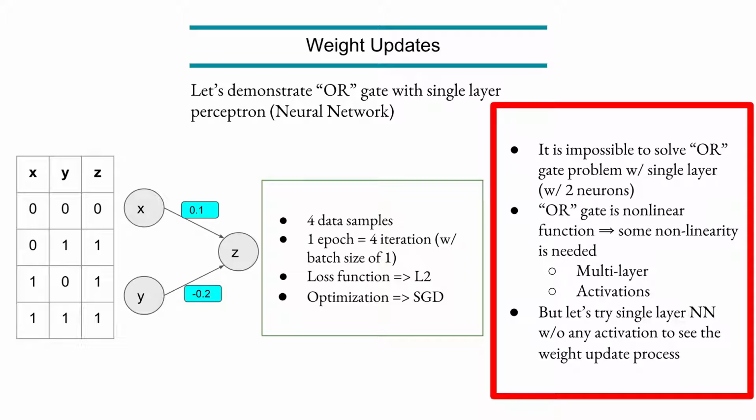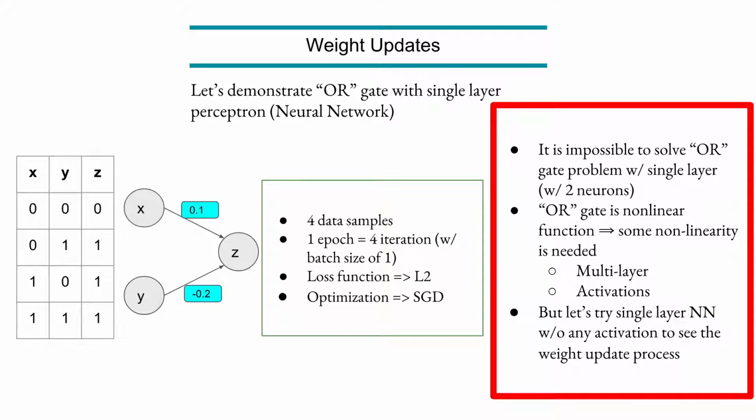Basically, as you can see, the OR gate is not a linear function because there's no linear fitting. You cannot fit any linear function to achieve the OR gate's functionality. So it's impossible to solve the OR gate problem with a single layer network with 2 neurons and without any activation.